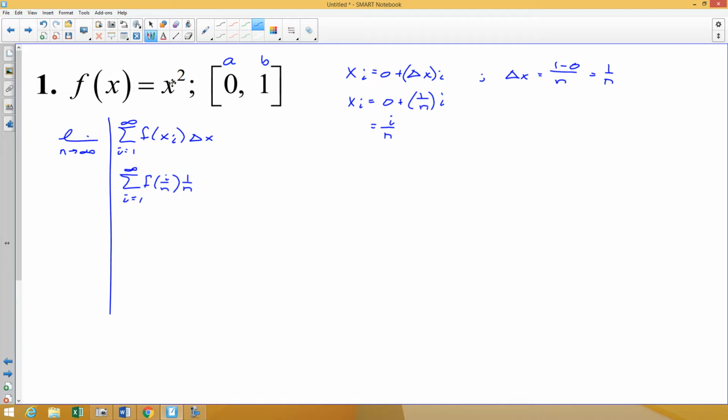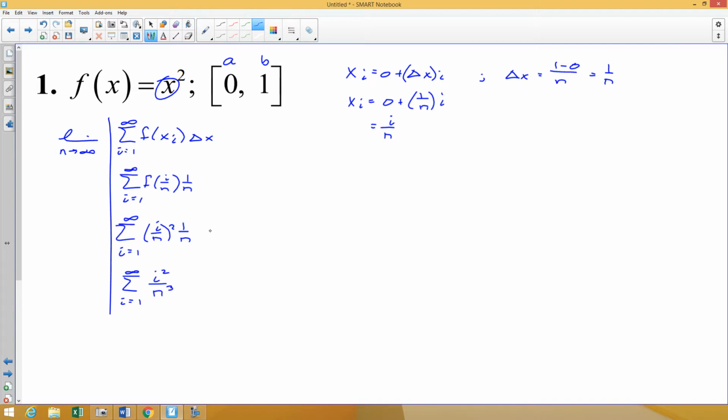And f of i over n, if we plug into f of x right here, the sum from 1 to infinity of i over n squared times 1 over n. And I will clean that up. i goes from 1 to infinity. That'll be i squared over n squared times 1 over n, which cleans up to i squared over n cubed.